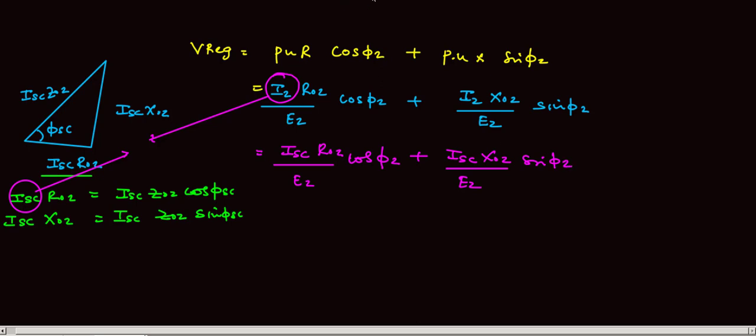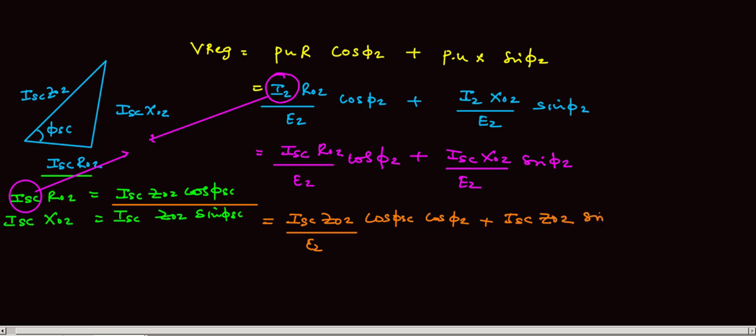Okay, let's see here. What is ISC RO2? ISC RO2 equals ISC ZO2 cos phi SC. I can write this as ISC ZO2 cos phi SC cos phi 2 by E2, plus ISC ZO2 sin phi SC into sin phi 2 by E2.